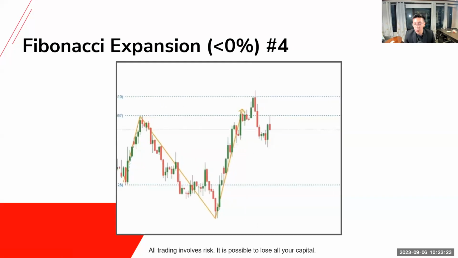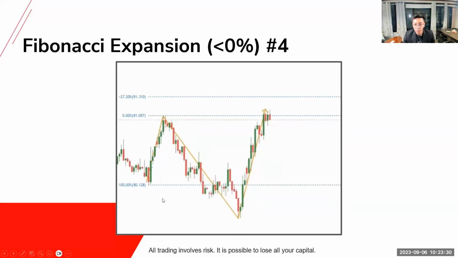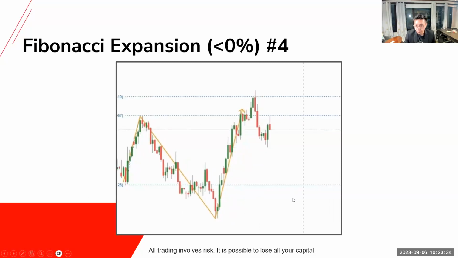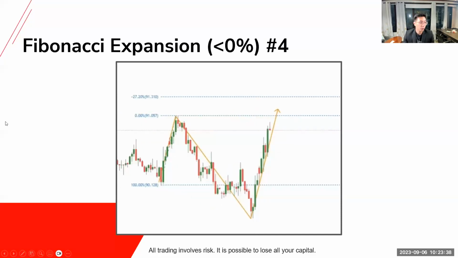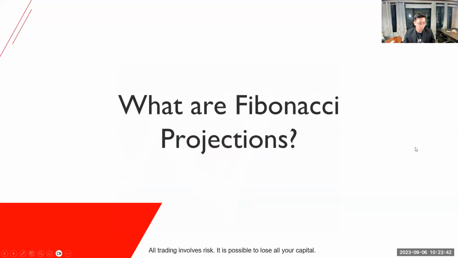So this is an exception whereby it actually retraced more than 100% of this Fib trend line, came all the way back up and reacted off this negative 27.2 expansion level.